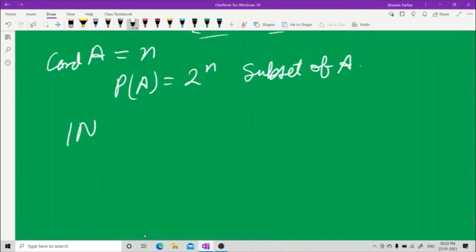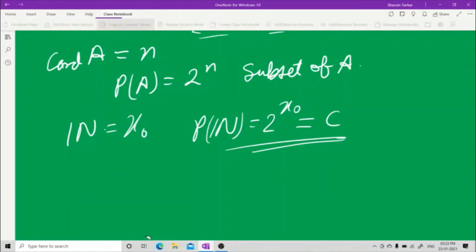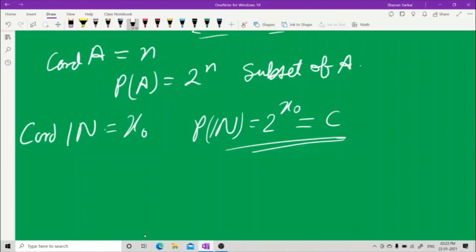Now cardinality of N is C. Alif naught. So the power set of N is 2 to the power of alif naught, and this is C. Keep this in mind. Similarly, wait, let me write it clearly here. Cardinality, card N is this.